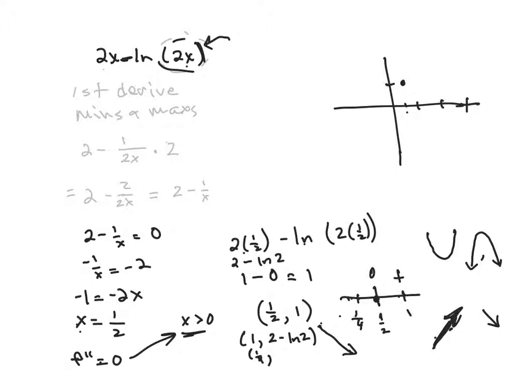So at 1/4, if I plug in my value 1/4 into my original function, up here, I get 2 times 1/4 minus the natural log of 2 times 1/4. That gives me 1/2 minus the natural log of 1/2.